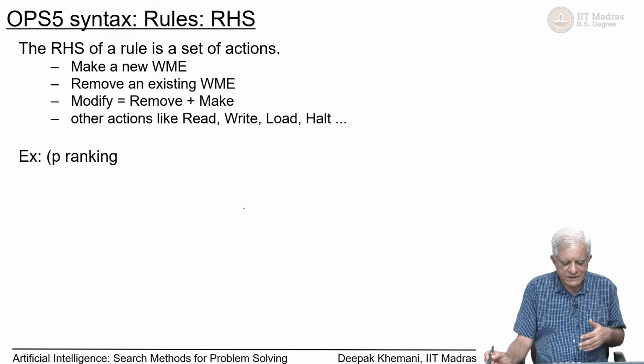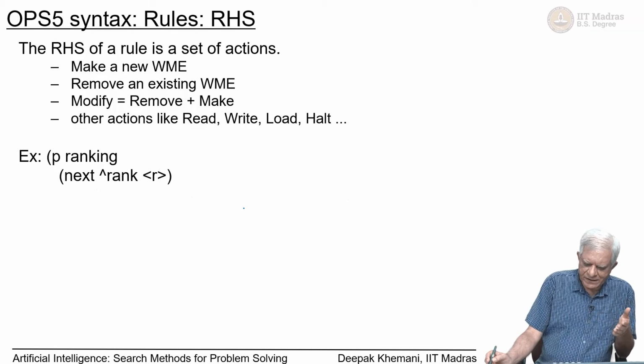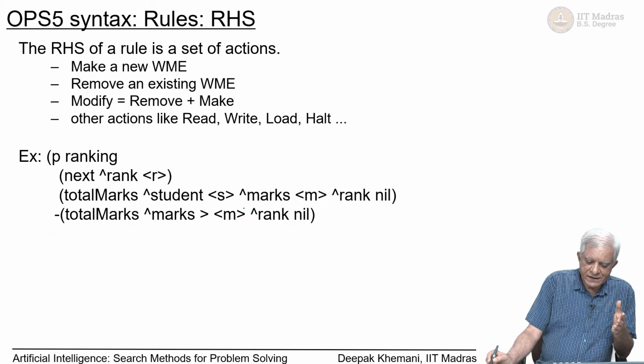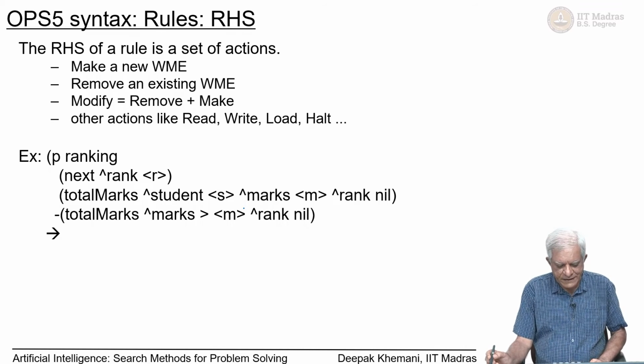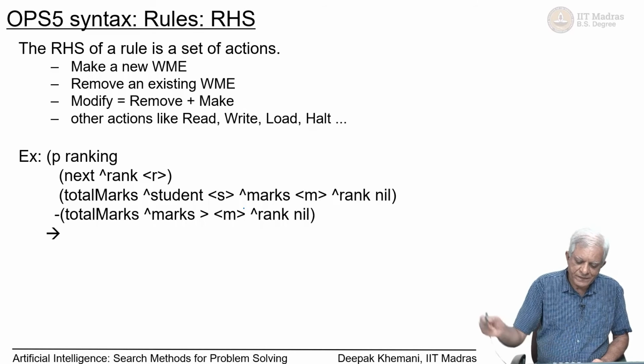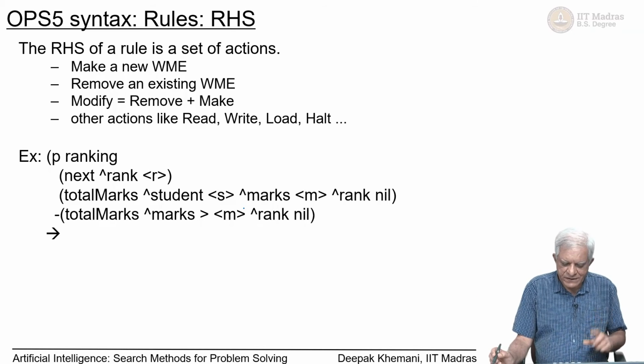So, here is our ranking rule that we started looking at. This was the left hand side, that there is the next rank to be assigned is R, and there is some student who has got M marks and there is no student who has got more than M marks. Then what we want to do is to assign for this student the rank which is given to us in the first pattern.